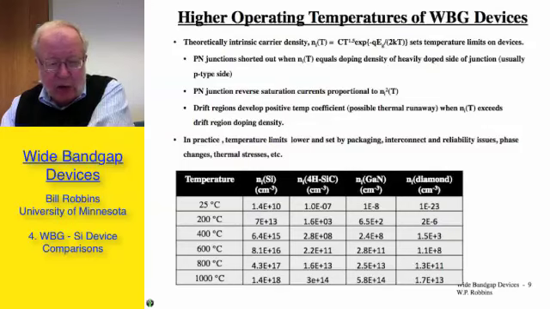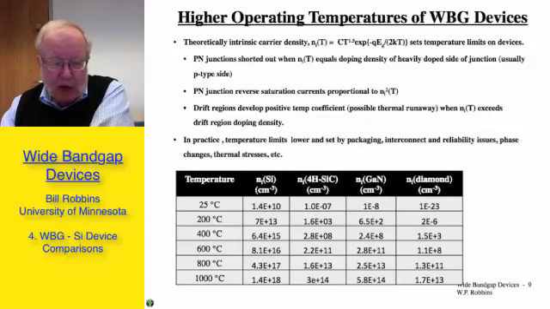Even at 200 degrees centigrade, silicon is approaching 10 to the 14th intrinsic carrier density. And so I think that this set of numbers shows you again why we are so interested in using wide bandgap materials. Theoretically, they have much better high temperature capability than silicon.